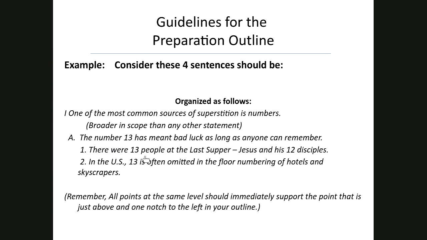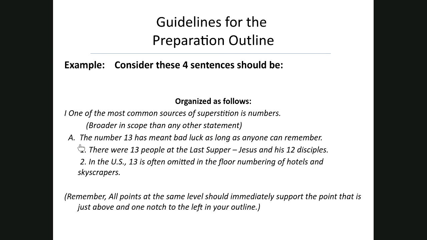So now they become supporting material for that, because remember when we talked about supporting material, we said that it must support the sentence that is directly above it. The reason these are right underneath each other is because both of these sentences are supporting the subpoint about the number 13 having meant bad luck as long as anyone can remember.